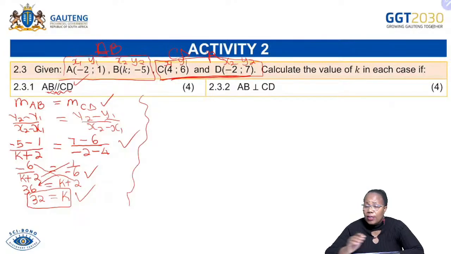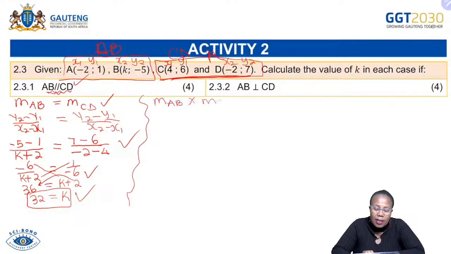And then 2.3.2, you are given AB is perpendicular to CD. What do you know about perpendicular lines? The product of their gradients is equal to -1. That simply means the gradient of AB multiplied by the gradient of CD is equal to -1. Okay, we are still going to rely on AB and CD. So now let's substitute, grade 12.